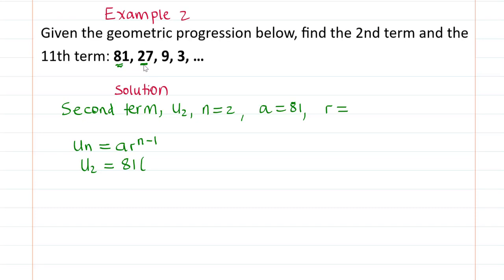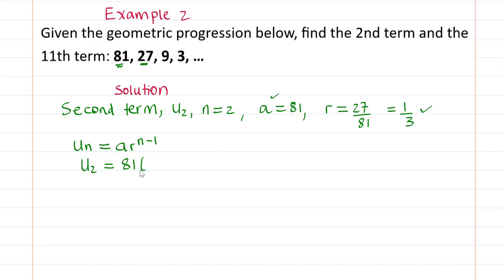Then you divide the term after by the term before. So that is 27 out of 81. And this is 1 out of 3. Press the calculator. Yes. So our common ratio is 1 over 3.